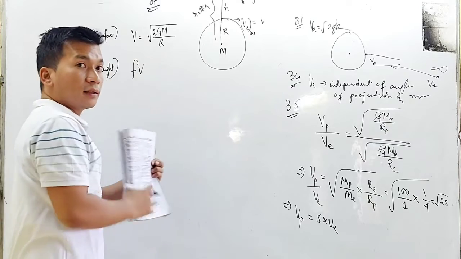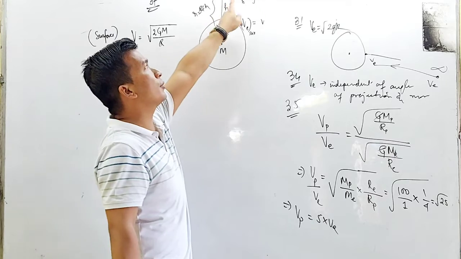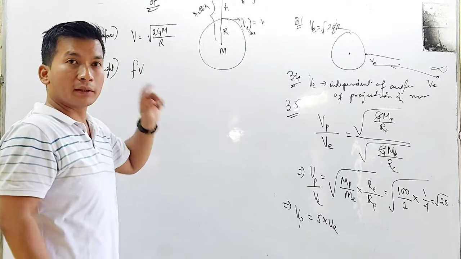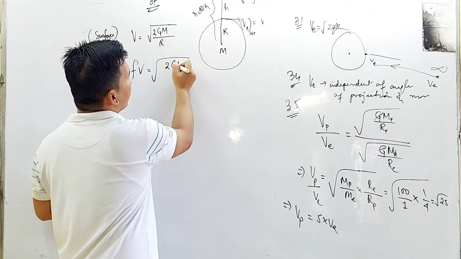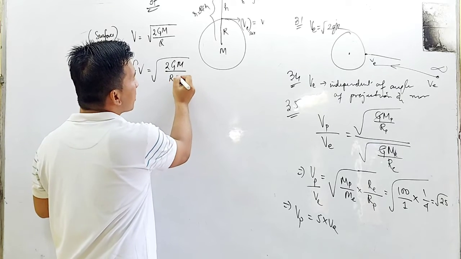according to the question, the escape velocity at this height will be equal to f v_E, so we put f v_E, and this will be equal to root over 2 G M divided by small r, which can be written as R plus h.